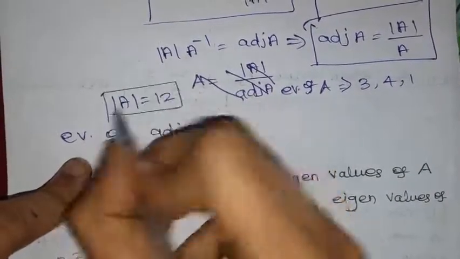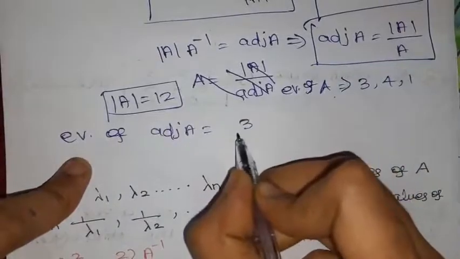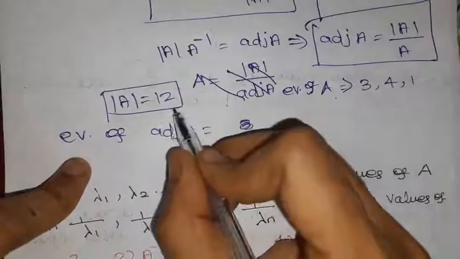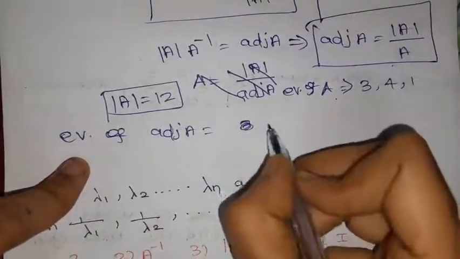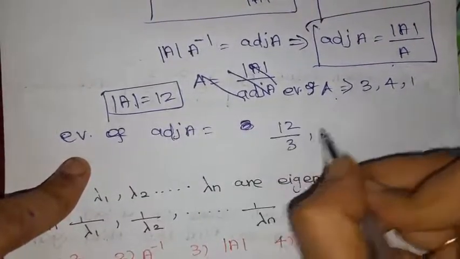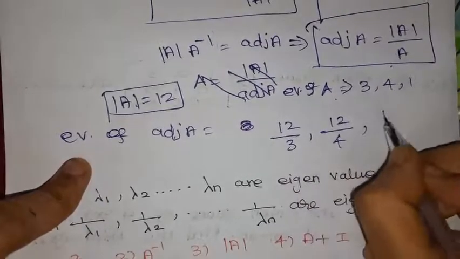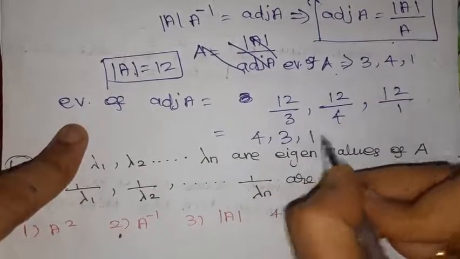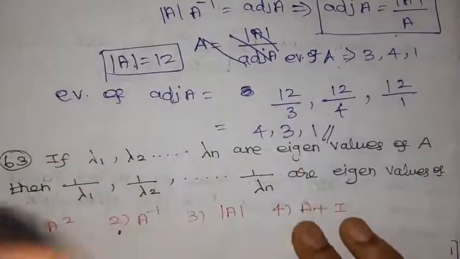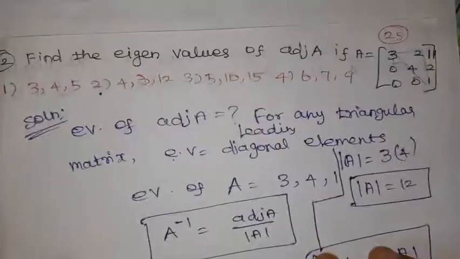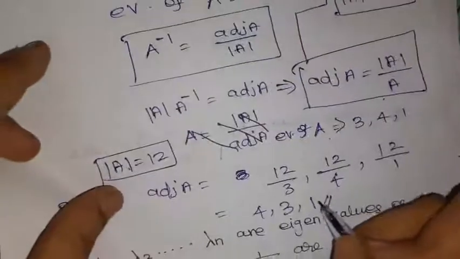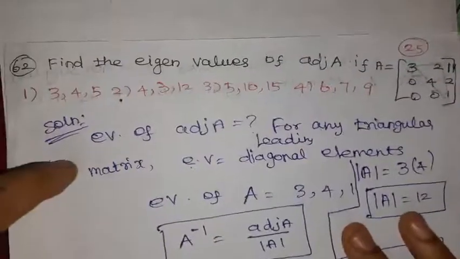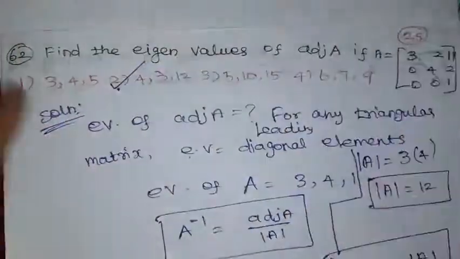So just substitute: 12 divided by 3, 12 divided by 4, 12 divided by 1. So the eigenvalues of adjoint of A are 4, 3, and sorry, 12 divided by 1 is 12. So 4, 3, 12. Option 2 is the right option.